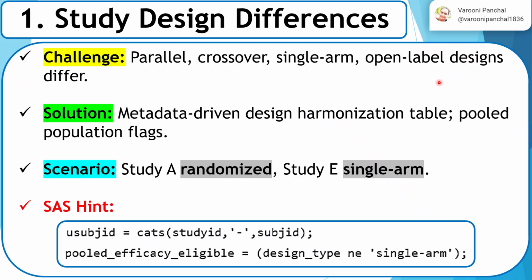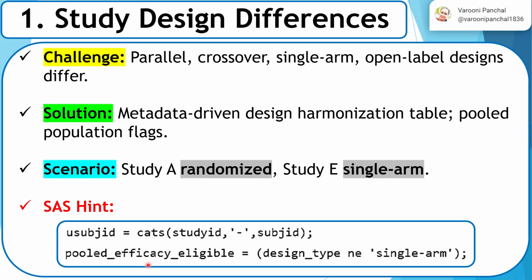In open label also we'll have 2 treatments, whereas in single arm you will have only one single treatment. So whenever we do any pooled efficacy analysis, out of 12 studies if you find that only one study is a single arm, you can exclude that particular study, because whenever we do the efficacy eligibility we need 2 treatments to do the comparison, right, to get the p value.